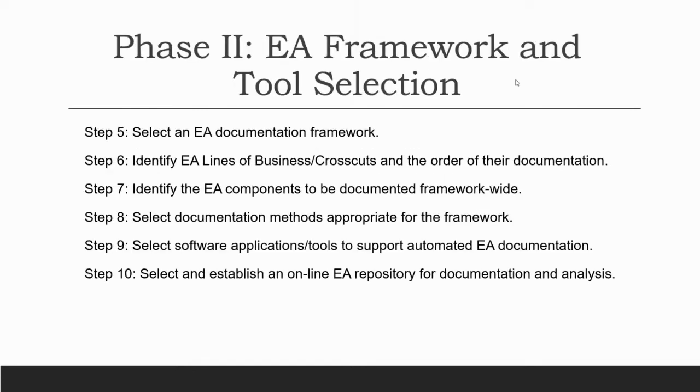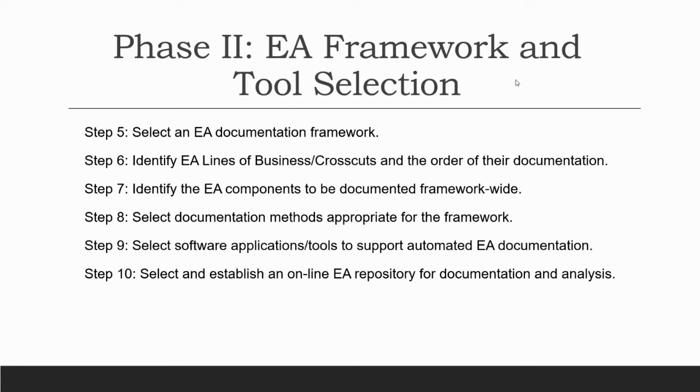So let's proceed to phase two with the title EA framework and tool selection. As the initial set of EA documents is created in phase one, phase two activities begin.